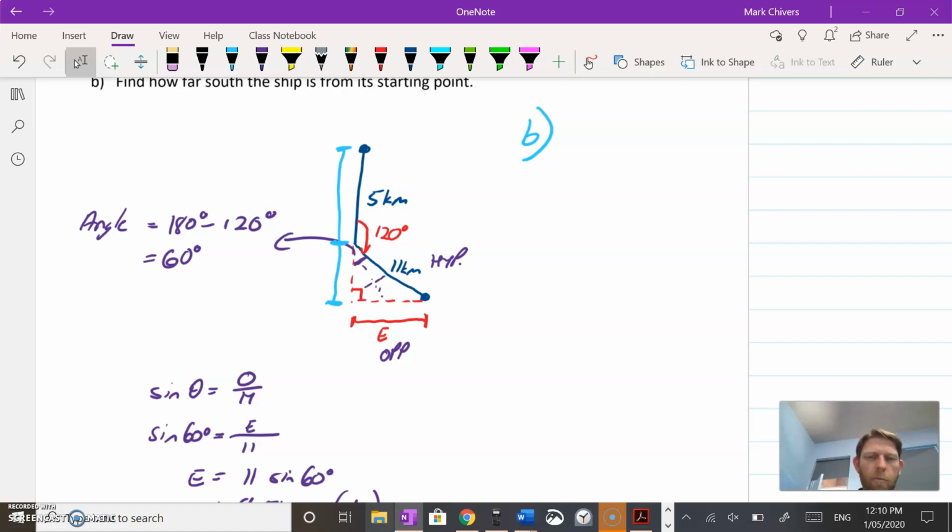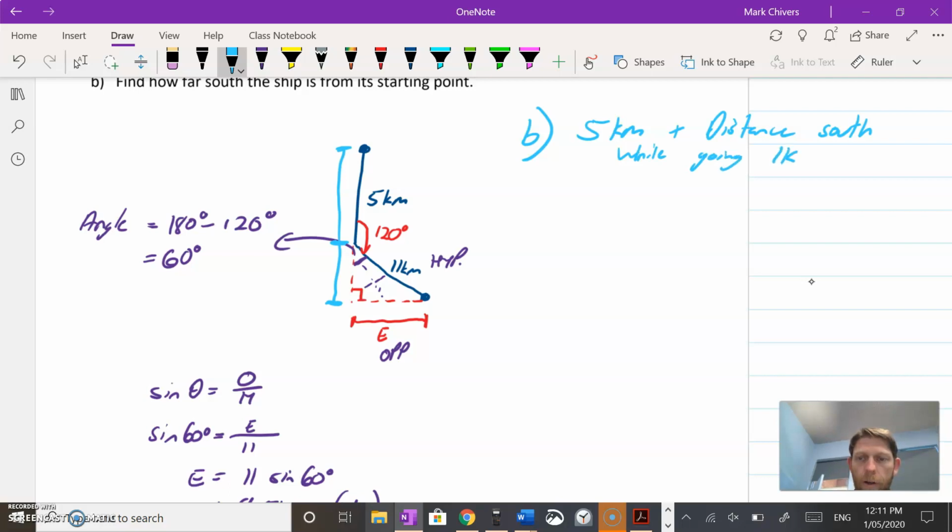So it's going to be 5 kilometres, because we travelled 5 kilometres south in the first place, plus the distance south while going 11 kilometres at 120 degrees.